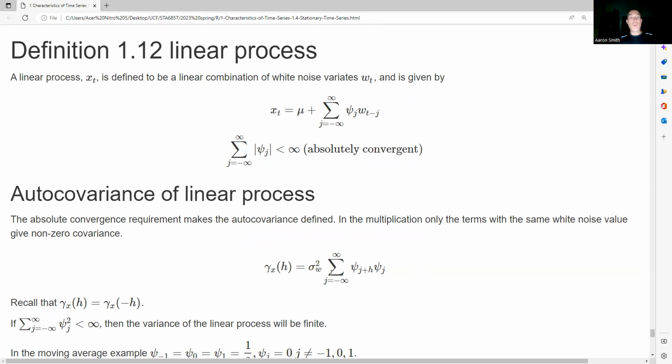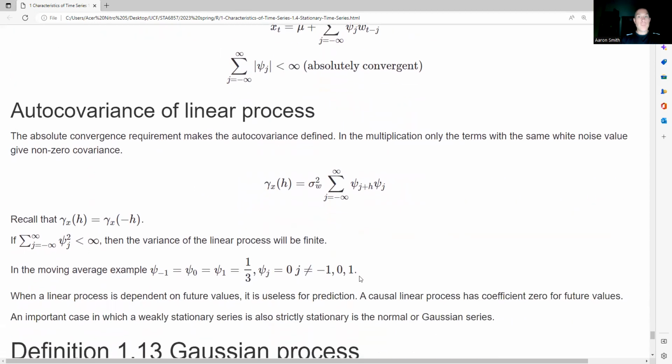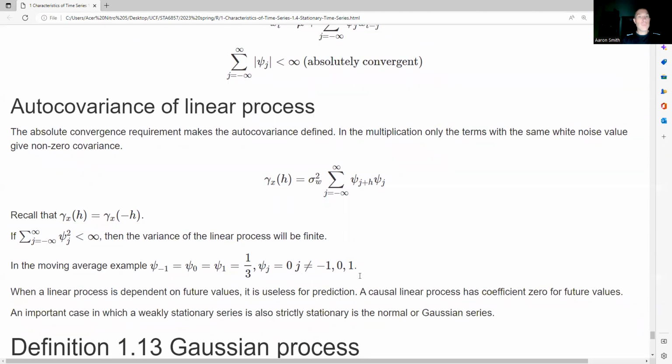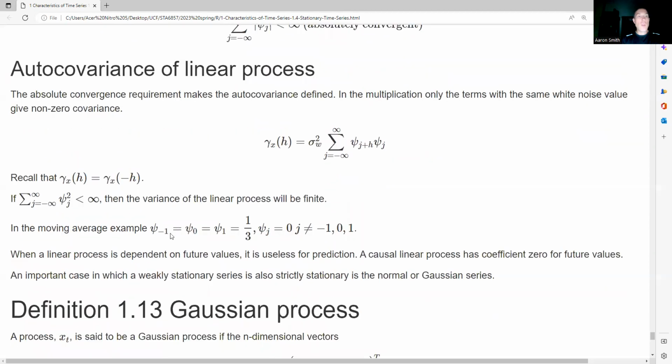This gives us what our autocovariance will be. Now, in that moving average example, all of our coefficients were equal to 1/3 for -1, 0, and 1, and past that they were all equal to 0.